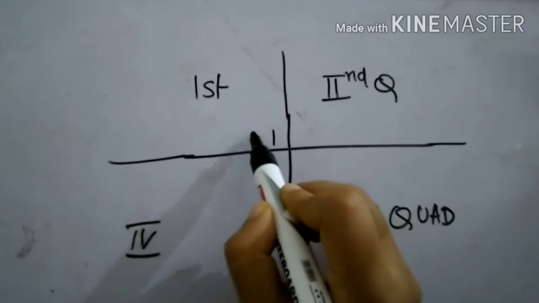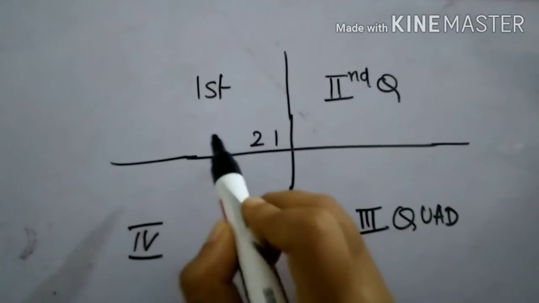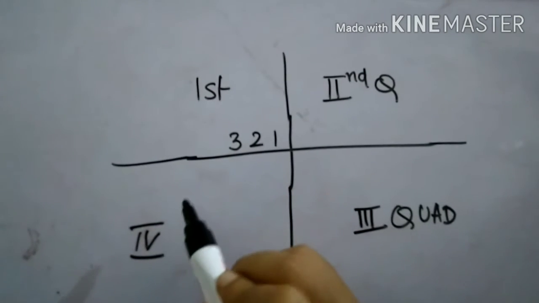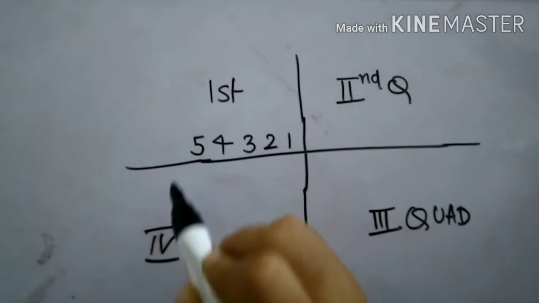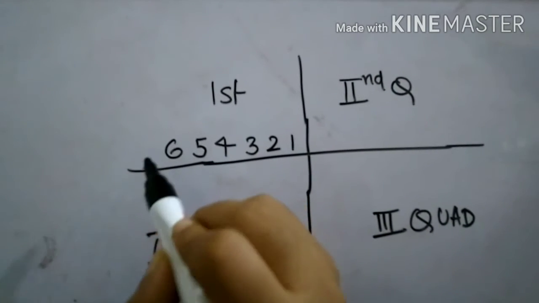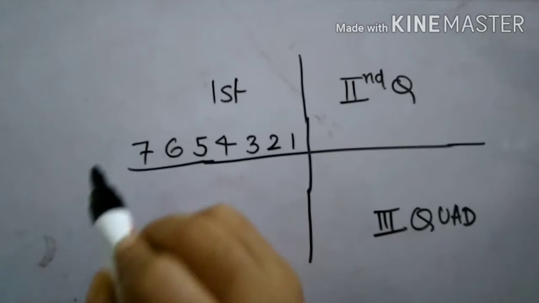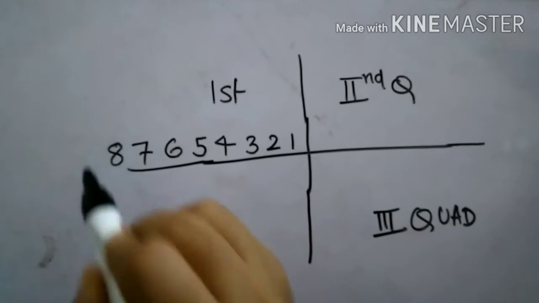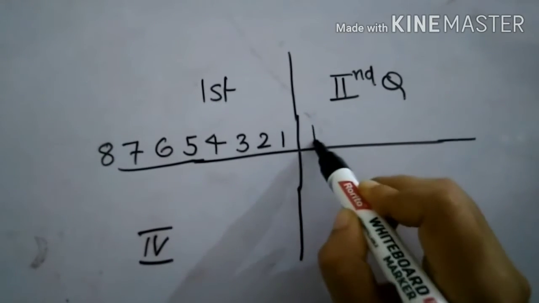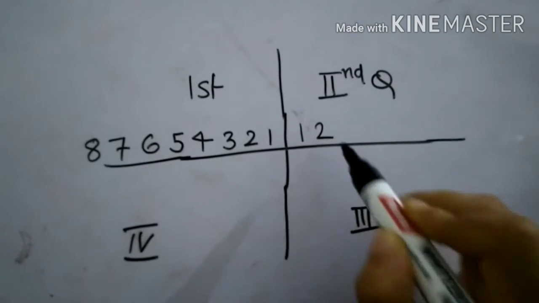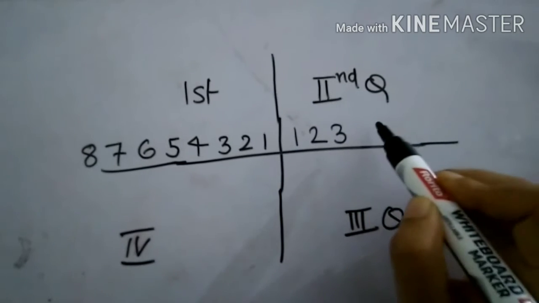First is your central incisor, second is your lateral incisor, third is your canine, fourth is your first premolar, 5 is your second premolar, 6 is your first molar, 7 second molar, 8 third molar. Similarly on the second quadrant, 1, 2, 3, and so on.